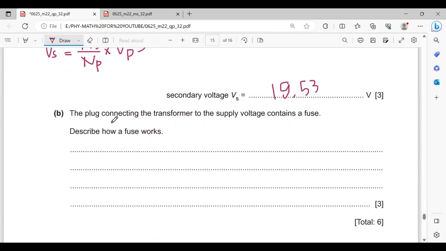The plug connecting the transformer to the supply voltage contains a fuse. Describe how a fuse works. Okay.